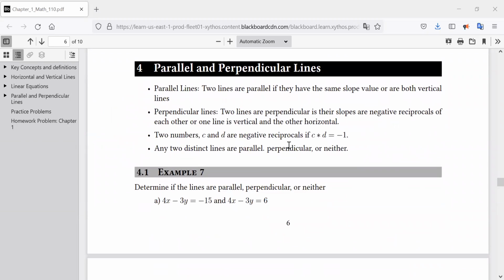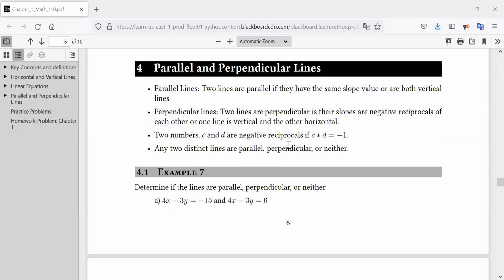Okay, so parallel and perpendicular lines. If we have two lines that have the same slope, or if they're both vertical, because remember vertical lines don't really have a defined slope, but if they're both vertical, they're going to be parallel.